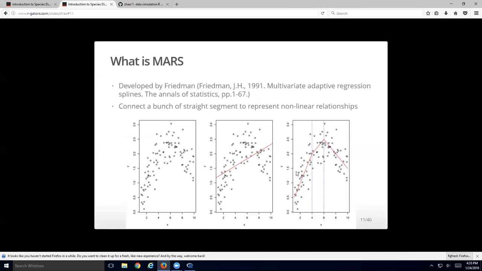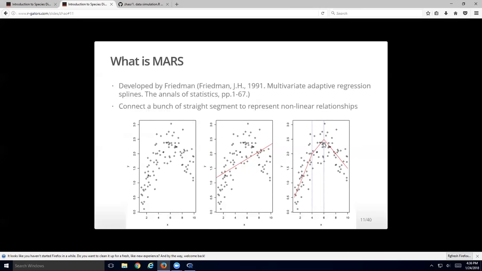And if you use MARS, this machine learning approach is very smart. It will figure out several values in x, and next it will fit a straight segment in each interval. But not only will the segment be the best fitted line for the points in that interval, those segments will also be connected.